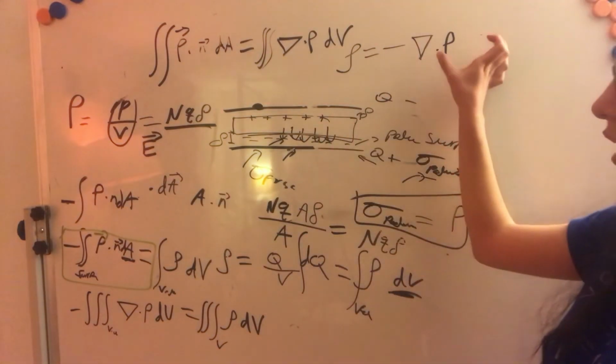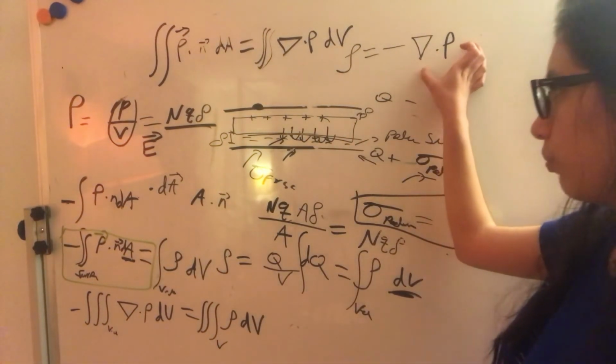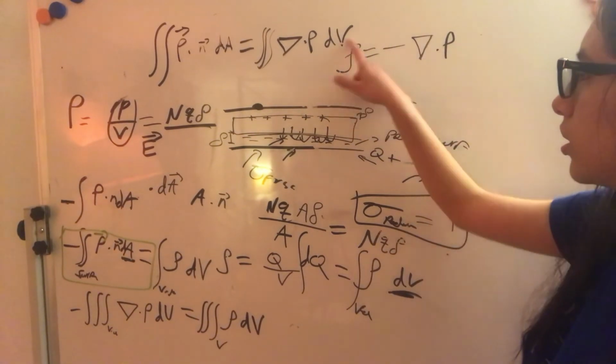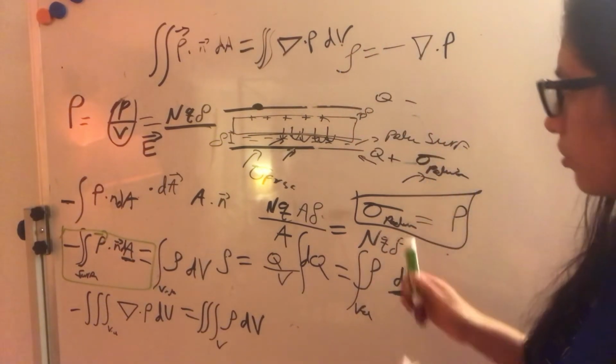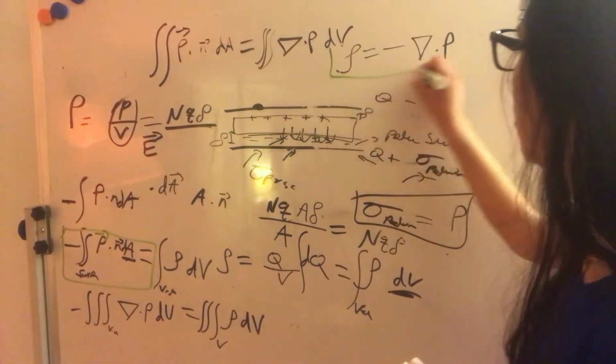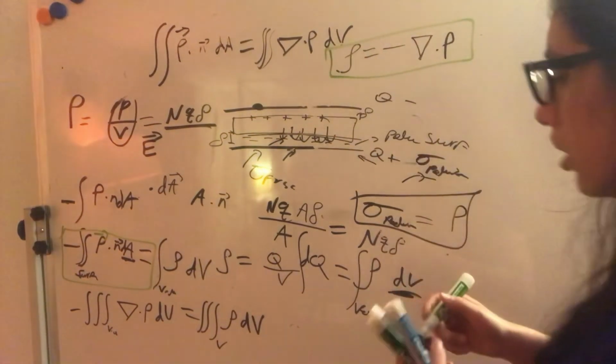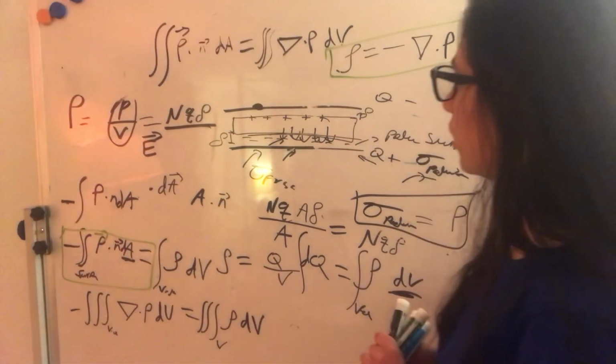So if we take the divergence of the electric dipole moment per volume, we get the charge density. Now we will use this in the next video to come up with the electrostatic equations with dielectrics.